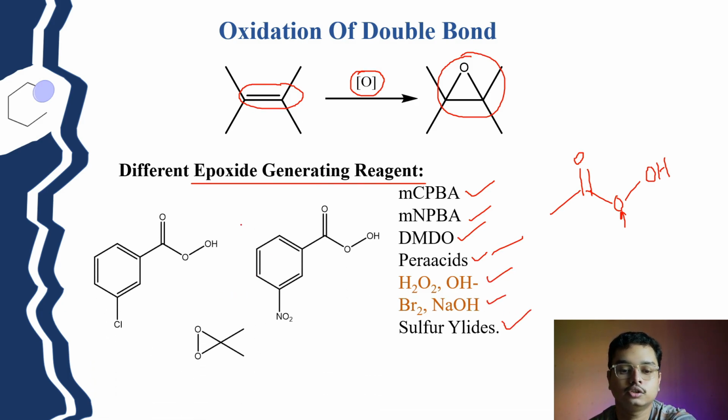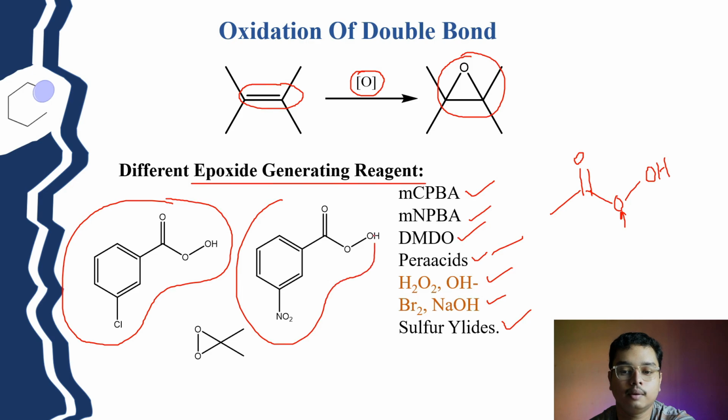So this is the structure of metachlorobenzoic acid, this is metanitrobenzoic acid, and this is dimethyldioxirane. In this class, we are talking about these four today, and in the next class, we will talk about these three.